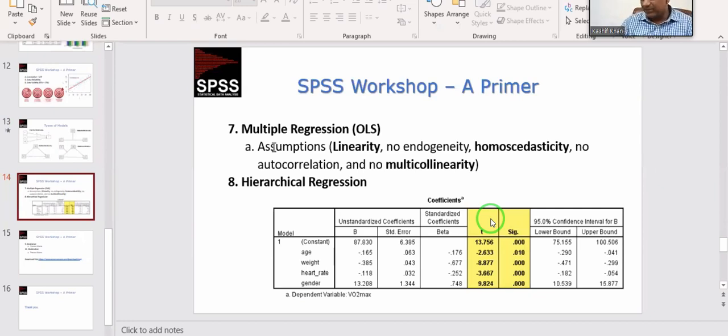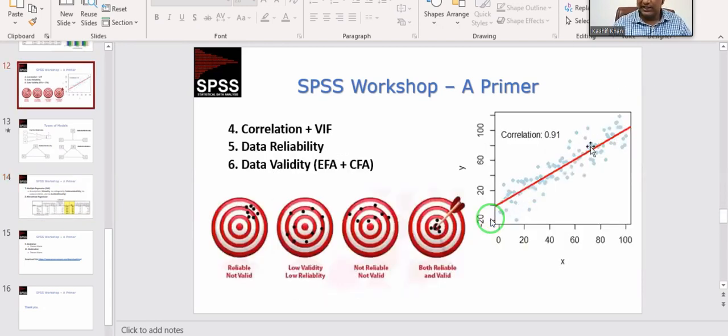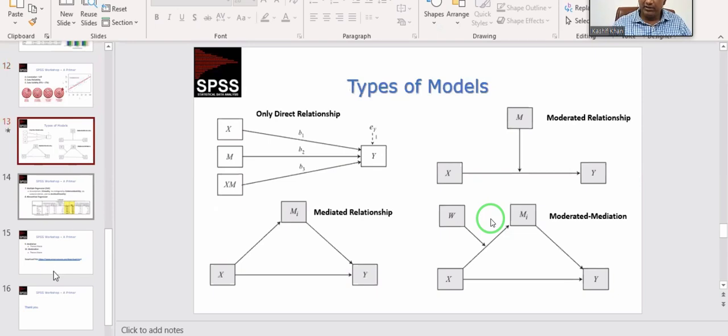There are many, but usually five are most common. Number one, linearity, which means there's a linear relationship. Even if it's positive or negative, it's a linear relationship. So our hypotheses should be linear; we believe there is a linear relationship we are testing.